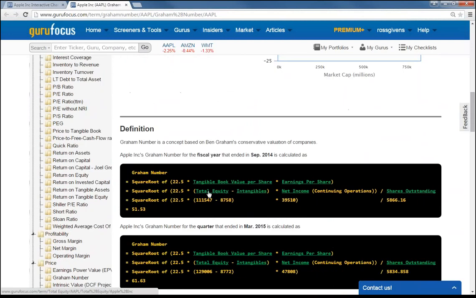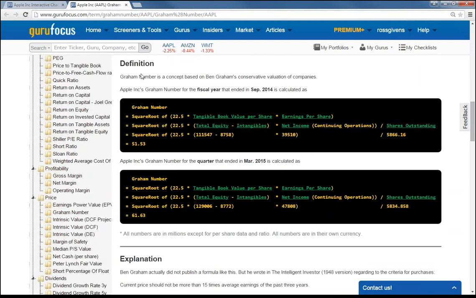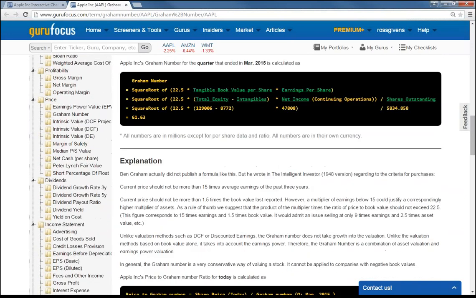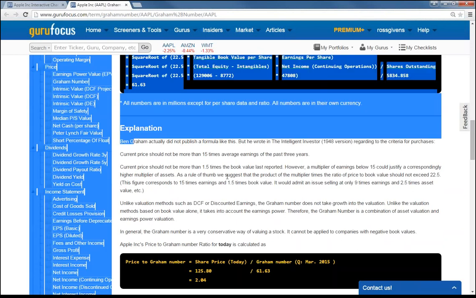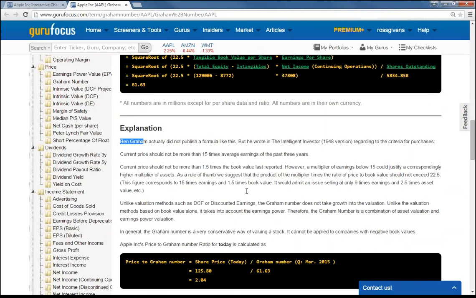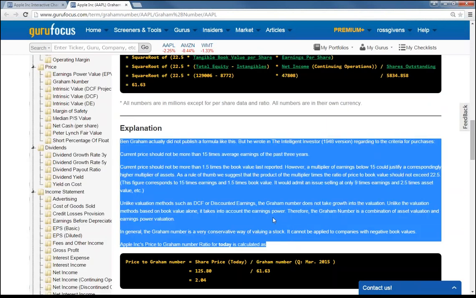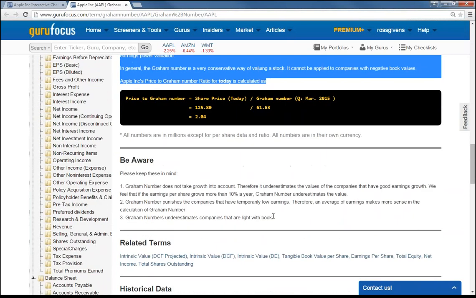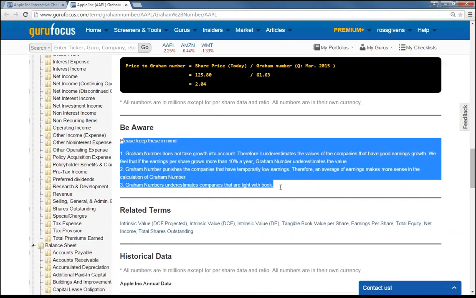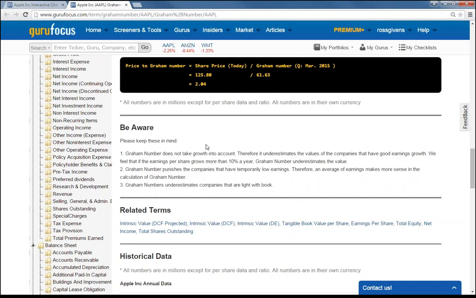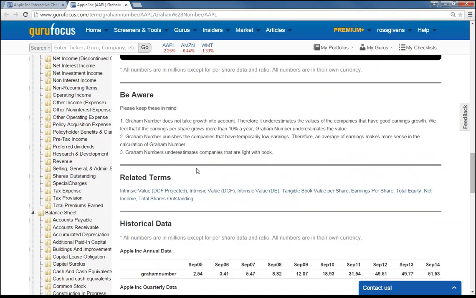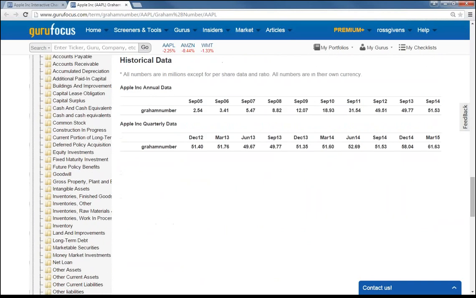In addition, it's got the exact formulas for each of these, so it shows you where it comes from and what the exact figures are used in the calculation. It'll give you a text explanation in layman's terms of this formula and why it is used. Some of these also have a couple of risks in here to educate you on this particular valuation method, what the risks and downsides are. And then it shows you the historical data.